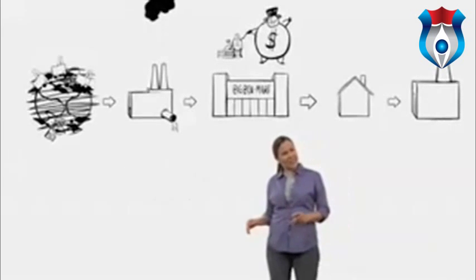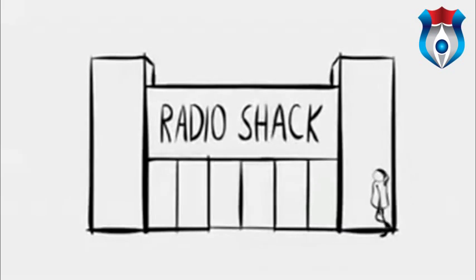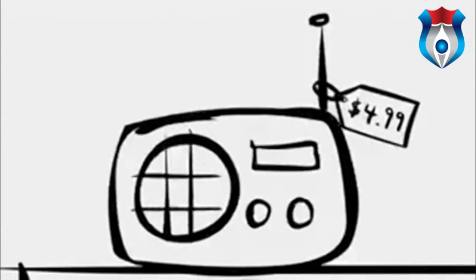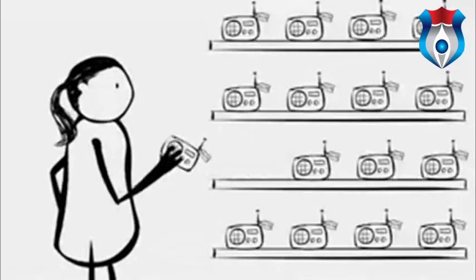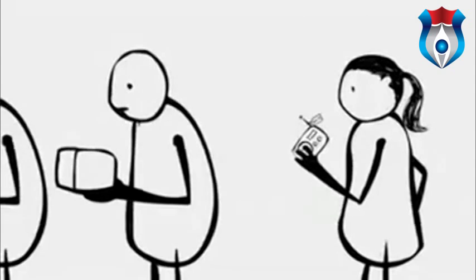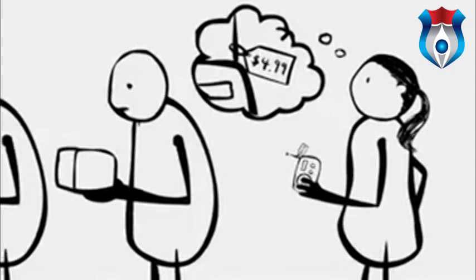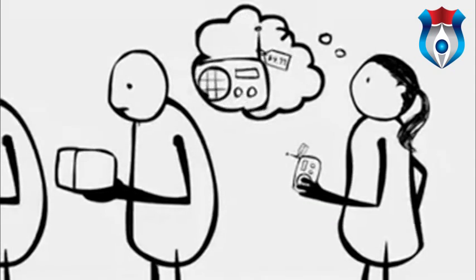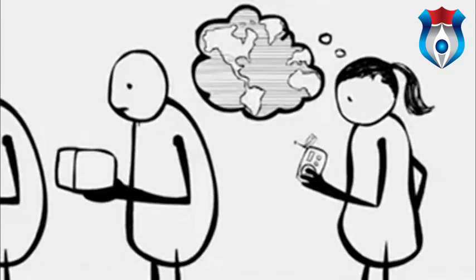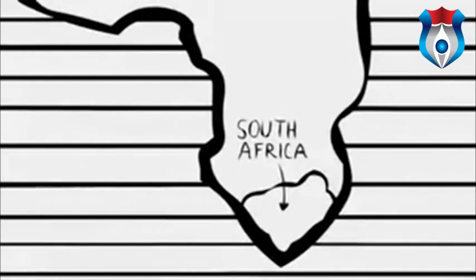I was thinking about this the other day. I was walking to work and I wanted to listen to the news, so I popped into a Radio Shack to buy a radio. I found this cute little green radio for $4.99. I was standing there in line to buy this thing, and I was thinking, how could $4.99 possibly capture the cost of making this radio and getting it into my hands? The metal was probably mined in South Africa. The petroleum was probably drilled in Iraq.